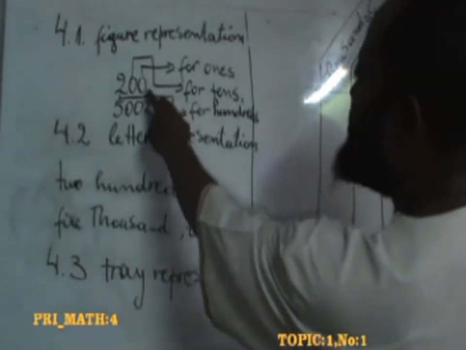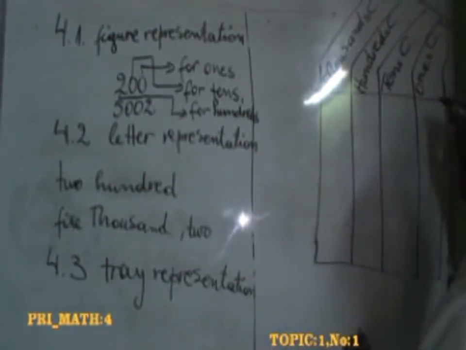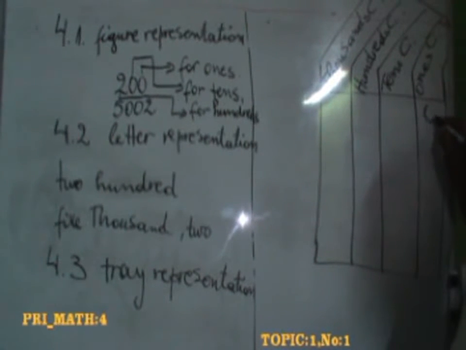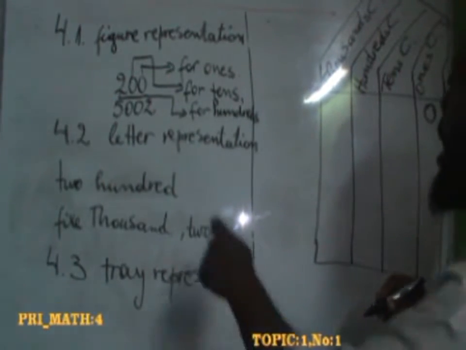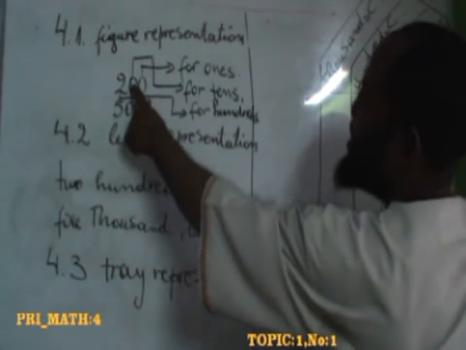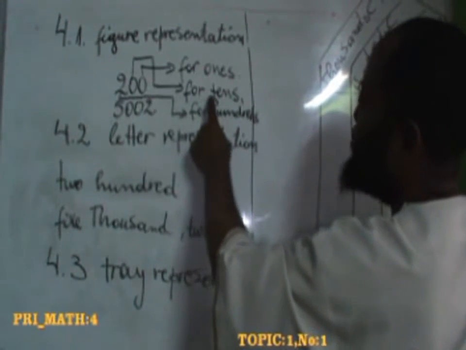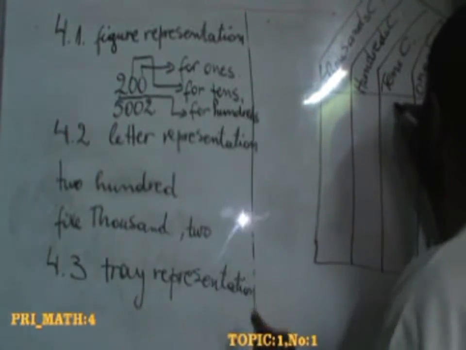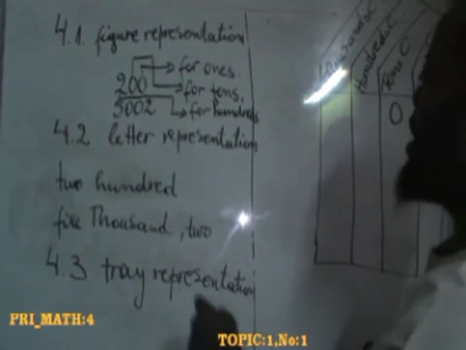We have the first 0, it is for ones. We put it here in ones column. Our second 0, our second digit, is for tens. We put our second 0 in tens column.